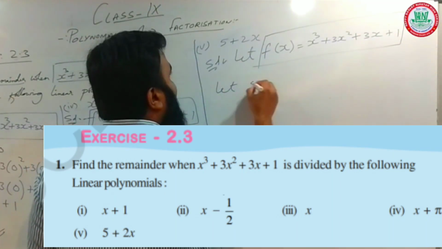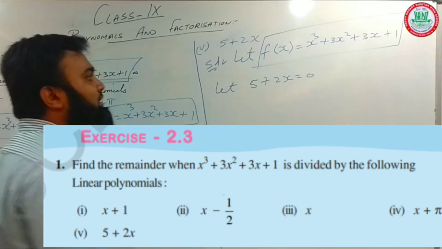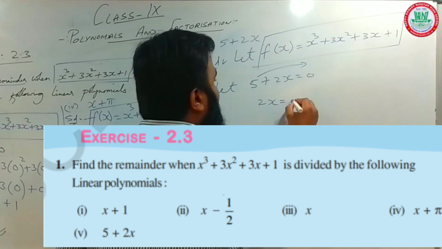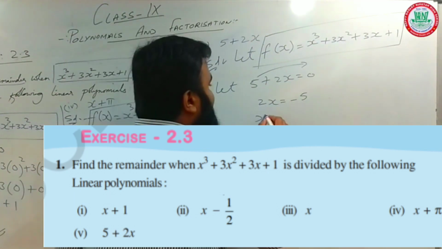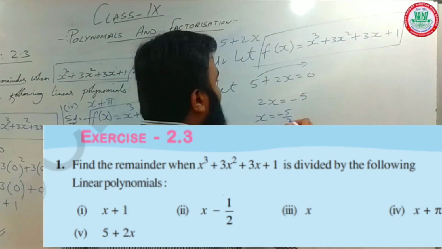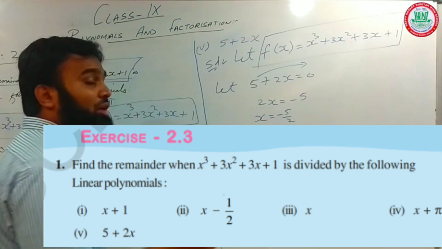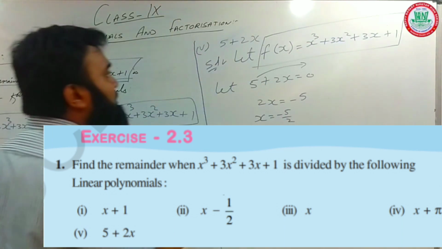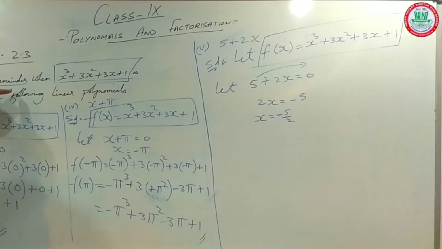Let 5 plus 2x is equal to 0. Okay. So 2x is equal to, this 5 goes outside, what will it become? Minus 5. So x is equal to minus 5 by 2. We need to put this value in this equation. Whatever answer we are getting, that will be the remainder. Okay. So why are we finding this? Because in the question it is mentioned find the remainder.